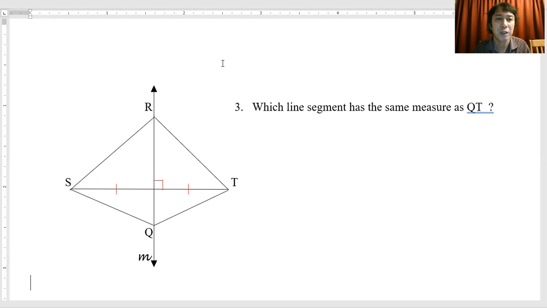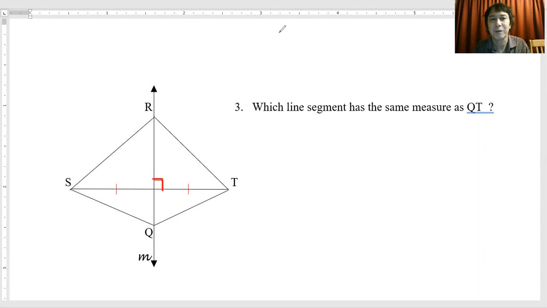And we can see a segment ST, which is divided by the perpendicular bisector. It is a perpendicular bisector because the line and the segment intersect at right angles.